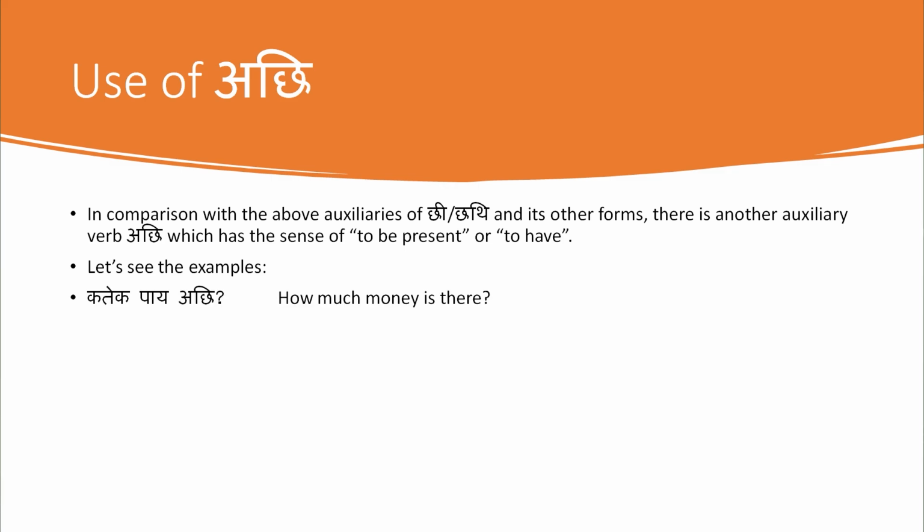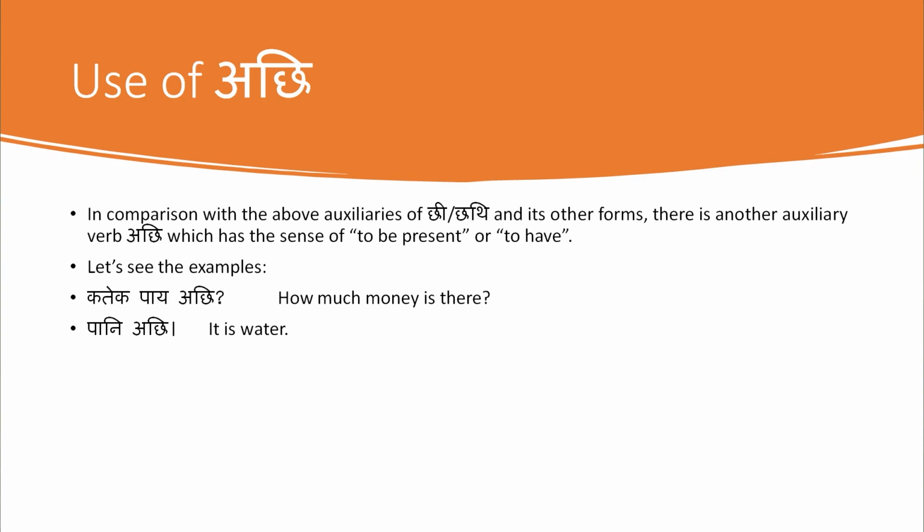So, when we say katek pai ach, how much money is there? Now, here you see it is asking about the presence of pai, but in possession of someone, right. So, it is having both sense, existential and being in possession of something. And then we have pani ach, it is water.